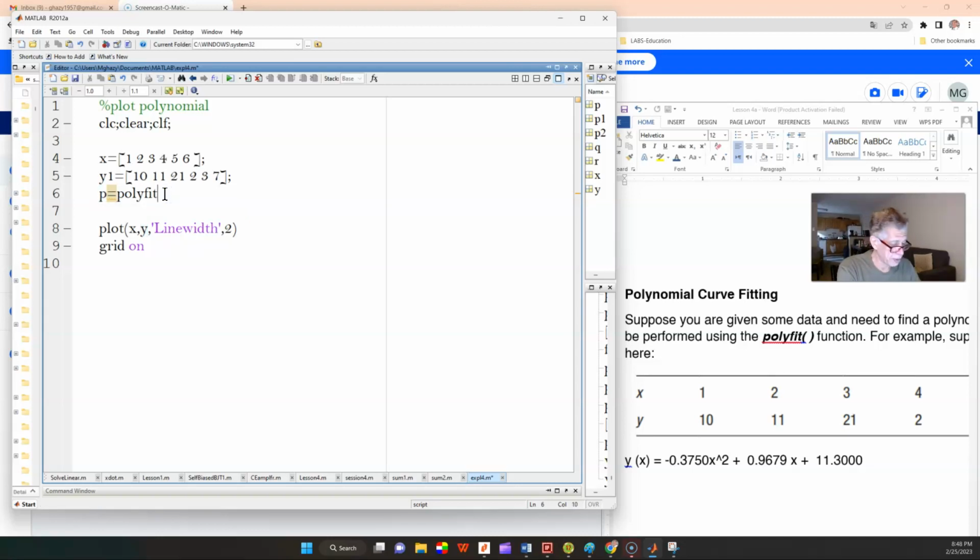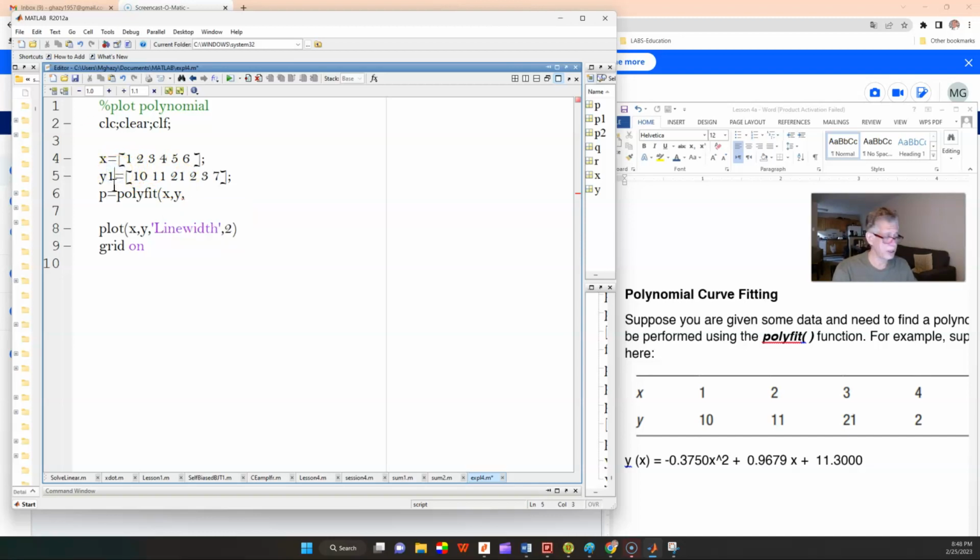So polyfit, and then you say the independent variable of this polyfit is x. What does it mean? I'm asking MATLAB to take the x that I used in the lab as the independent variable, and then y, my result.